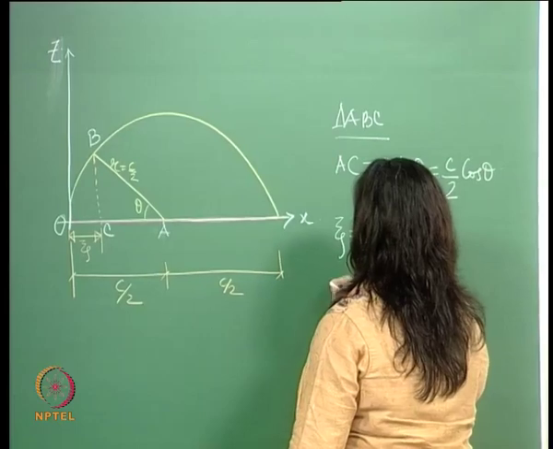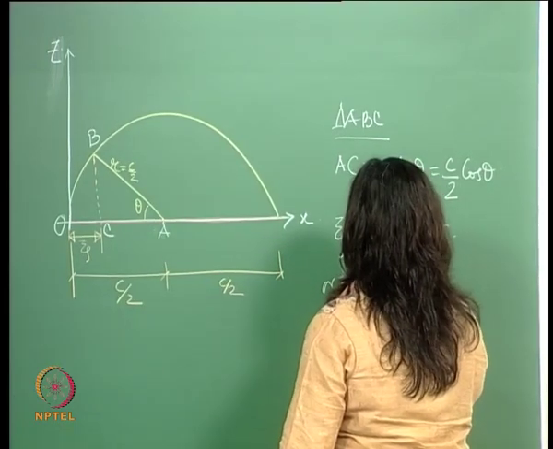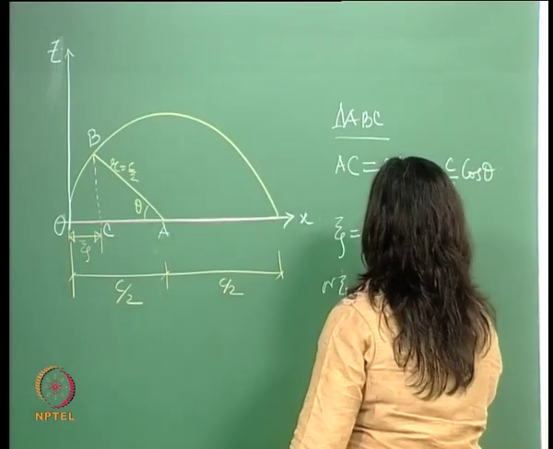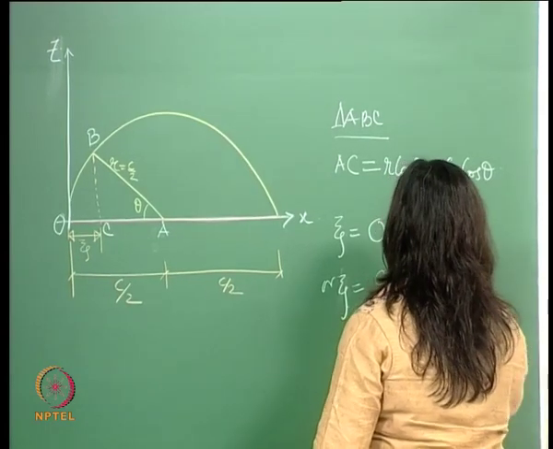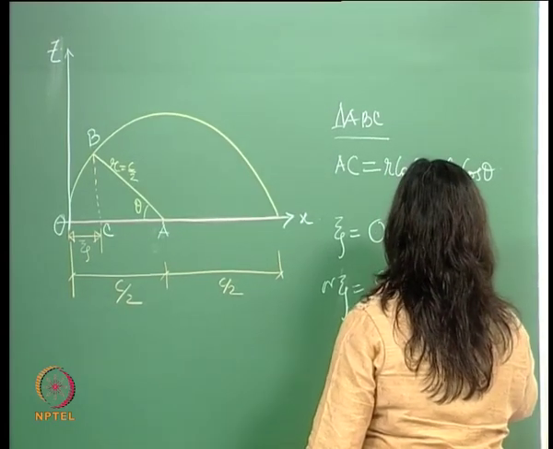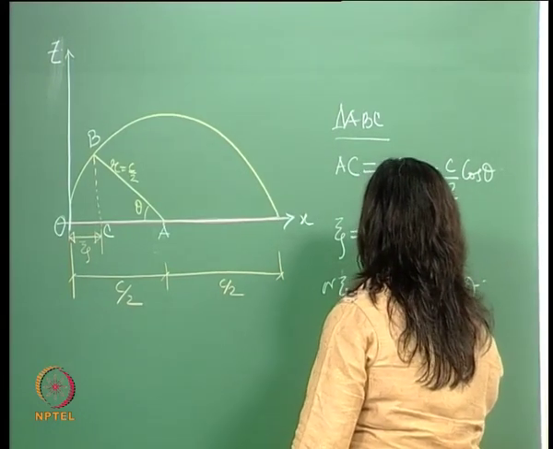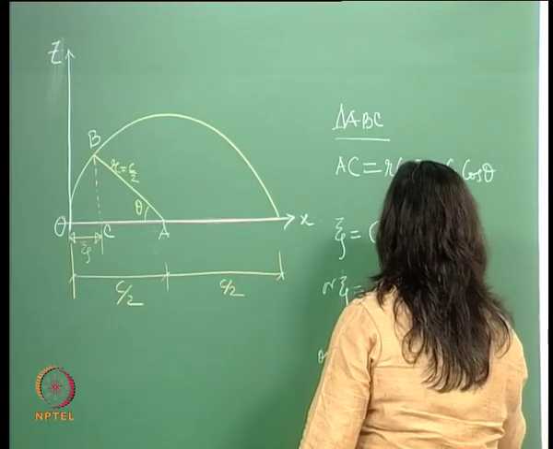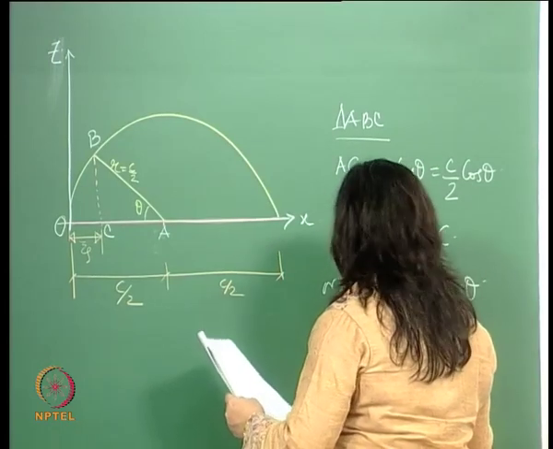OA here is another radial line, so that is c by 2, minus AC, which is c by 2 cos theta. So z is equal to c by 2 times (1 minus cos theta).